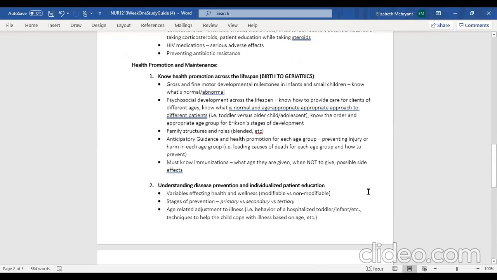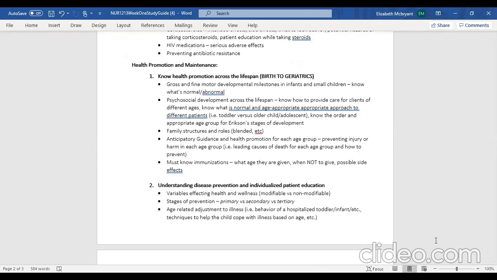Now, week one, health promotion and maintenance. I need you to know about health promotion across the lifespan. There are going to be multiple questions about development.